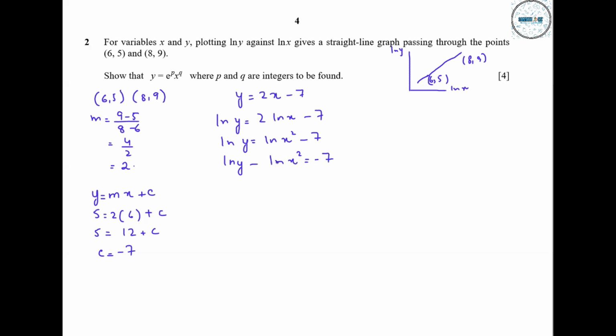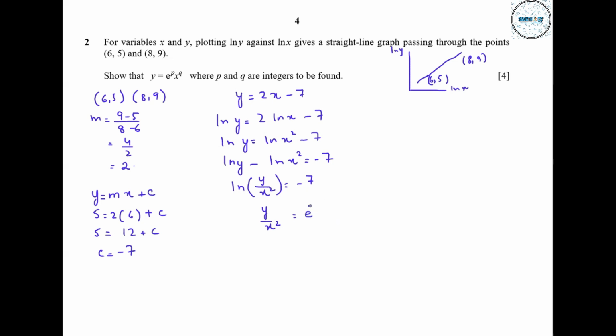Now we can write this as a single logarithm, ln of y upon x square, as there is a minus sign, is equal to minus 7. So now we can write it as y upon x square is equal to, this minus 7 will become the power of the base of this log. So here ln means the base is e.